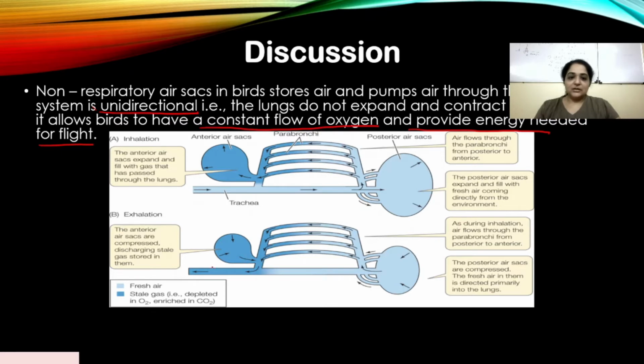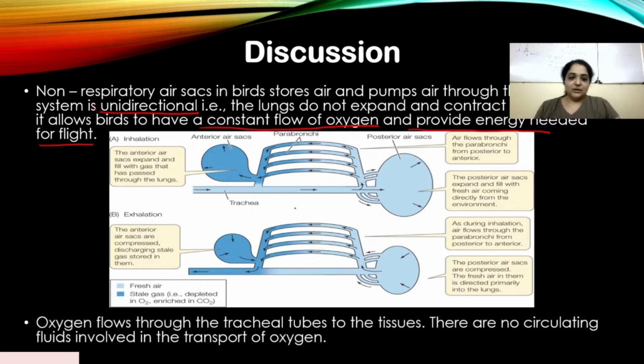Similarly, in exhalation, the air present in the posterior air sacs will again flow through the lungs into the anterior air sacs, and the air that was present already in the anterior air sacs will move out. So there is a constant flow of air in the lungs. That is why non-respiratory air sacs increase the respiration efficiency in birds.